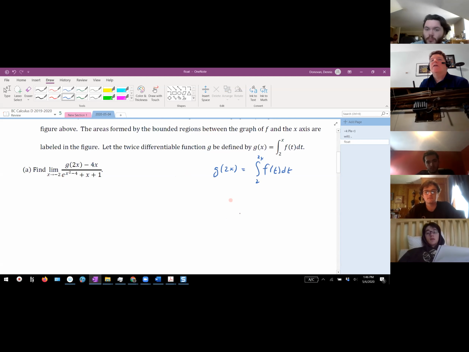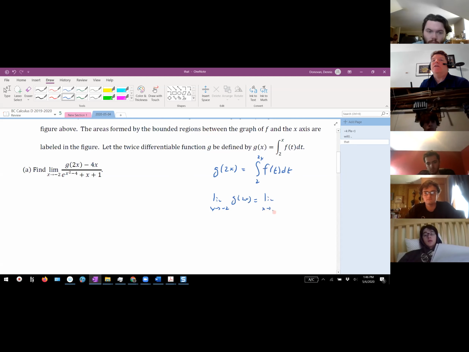So the limit as x approaches -2 of g of 2x is equal to the integral from 2 to -4 of f of t dt.